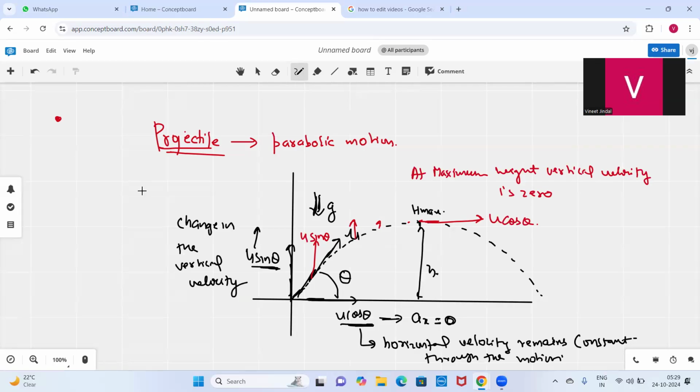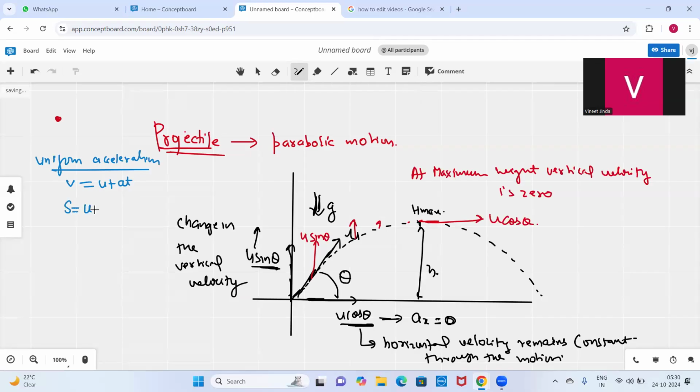Now we are going to derive a few equations. We know the equations of uniform acceleration. The first equation is v is equal to u plus at. v is the final velocity, u is the initial velocity, a is the acceleration, t is the time.